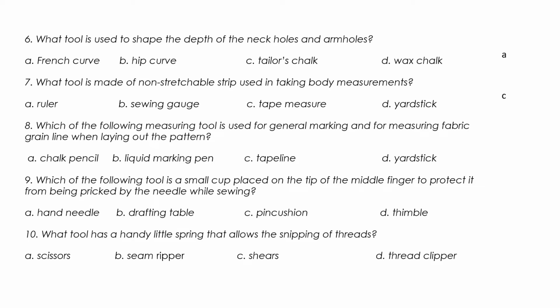Number 7, tape measure. Number 8, chalk pencil. Number 9, thimble. And number 10, thread clipper. Did you get it all correct? If yes, well done. If not, we will start our lesson in a while.